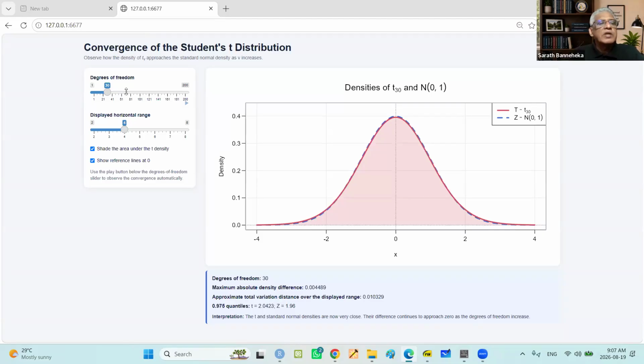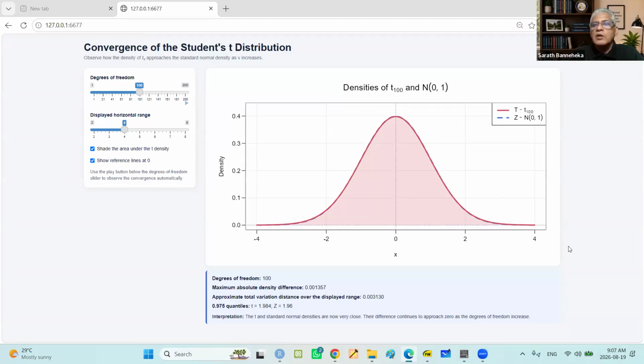And if the degrees of freedom is increased further, up to 100, say, they are almost the same, on top of each other. You cannot even see a difference, and the quantiles, the tail values, are also very similar.